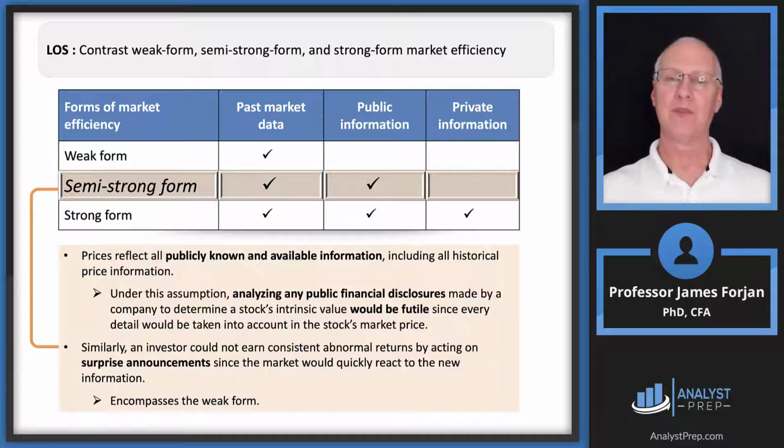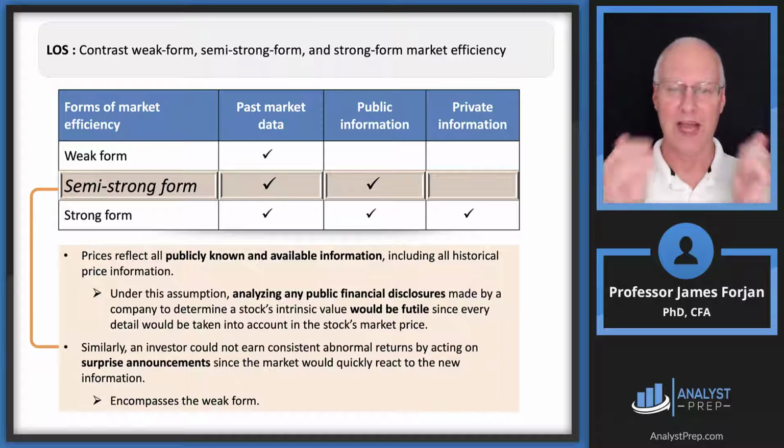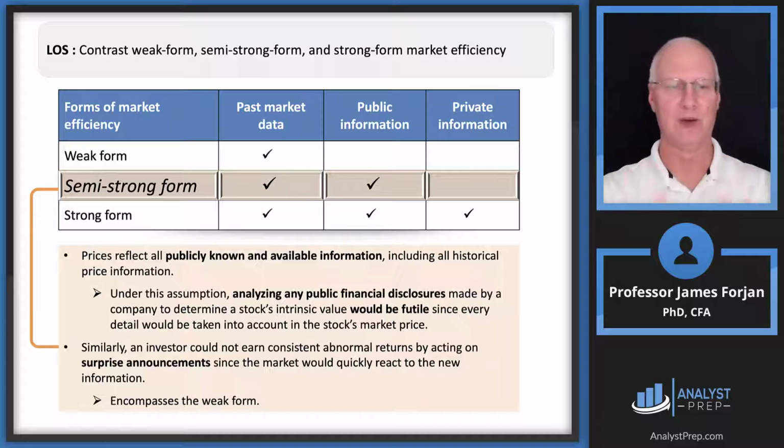So Eugene Fama says, look, if you form that portfolio it's going to have this much risk. You're going to have this much expected return, right? So look at the second bullet point. An investor could not earn consistent abnormal returns by acting on new release, public information, surprise announcements, since the market would quickly react to that new information.